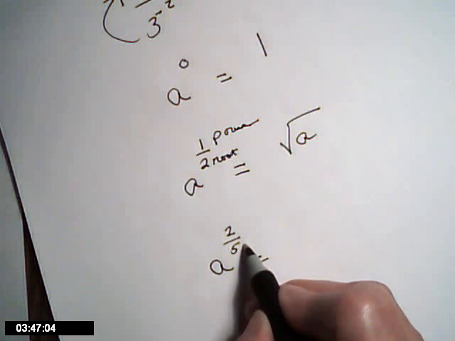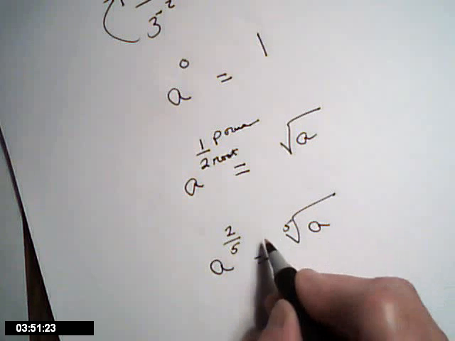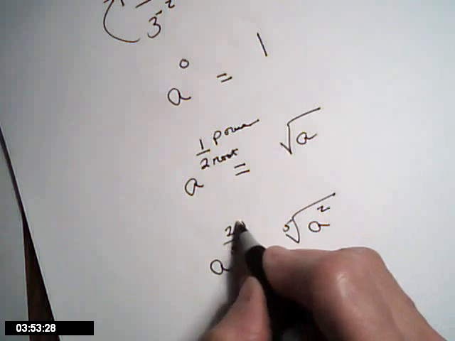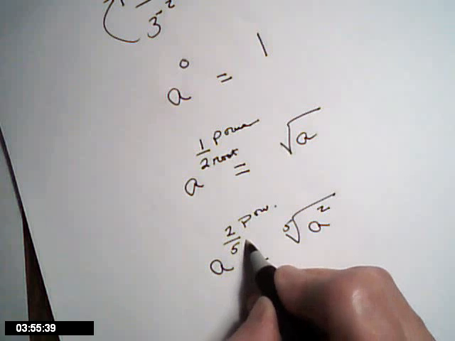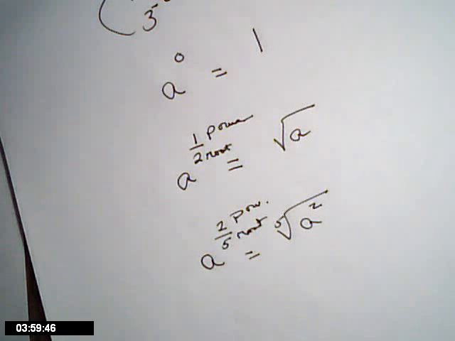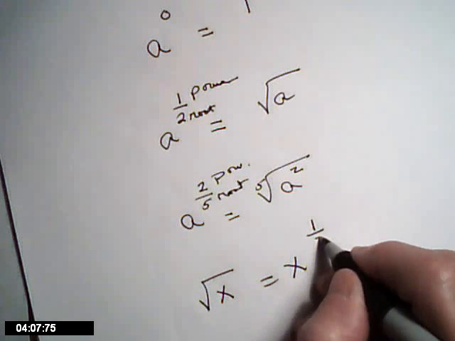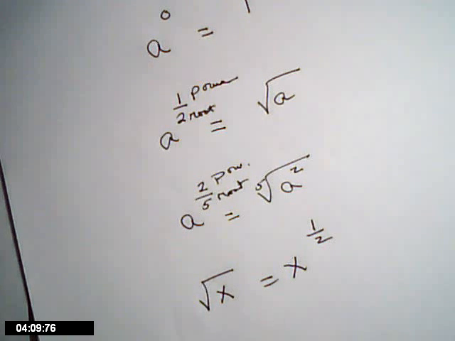Now remember, the denominator is the root, so that's the 5th root of a squared. Remember, that's the power, and this is the root. Now you're going to use that in the lesson that we're going to have in this section, so you need to know that if I have the square root of x, that's the same as x to the 1/2 power.